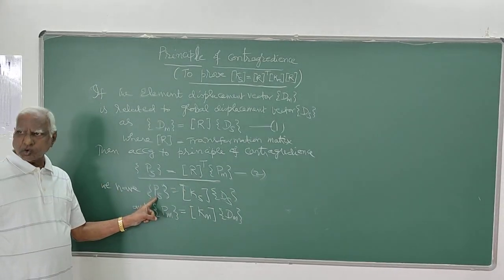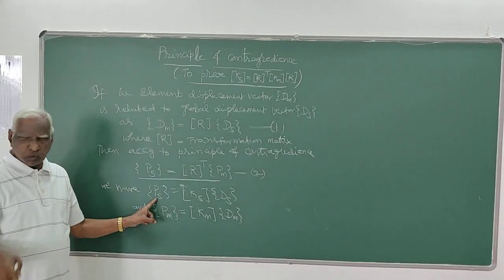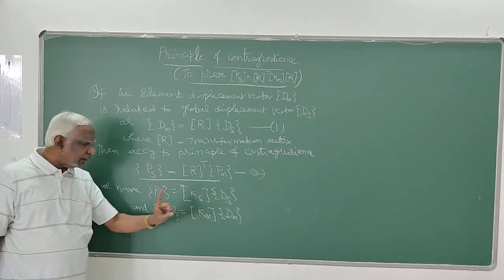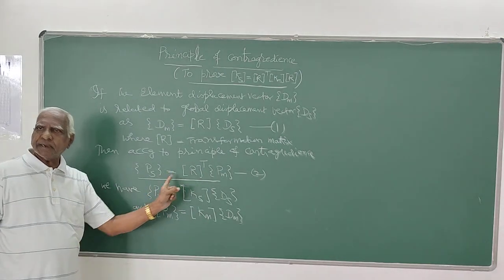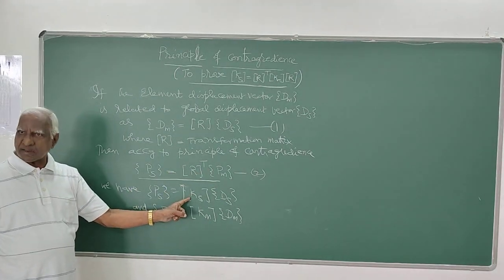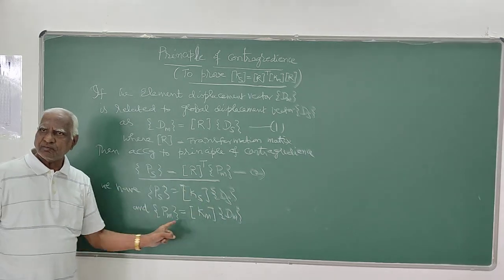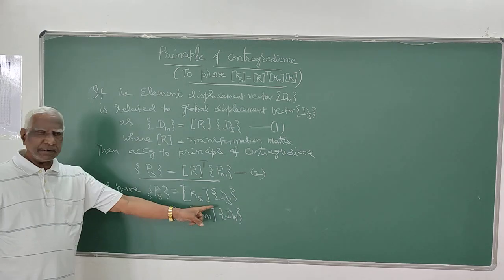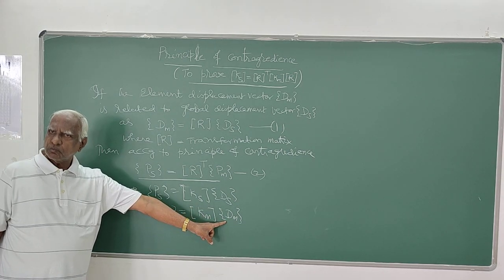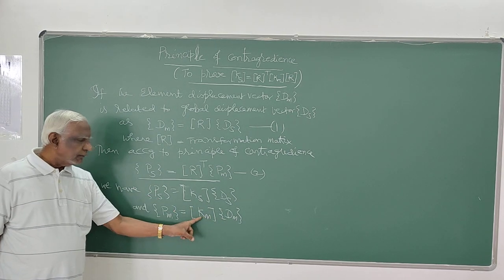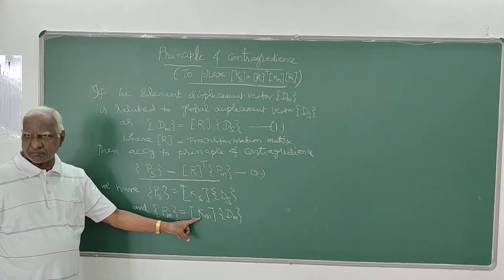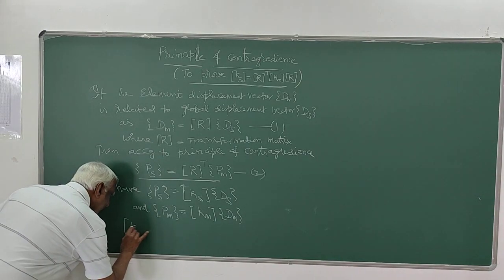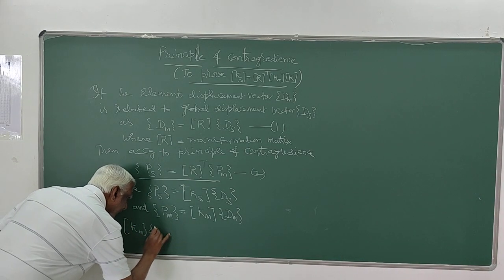The forces in global coordinates at the nodes and the corresponding displacements in the same global coordinates are related through what is known as the stiffness matrix. Likewise in local coordinates, forces are connected to displacements through the element stiffness matrix.